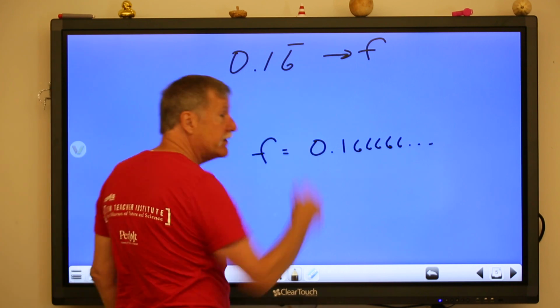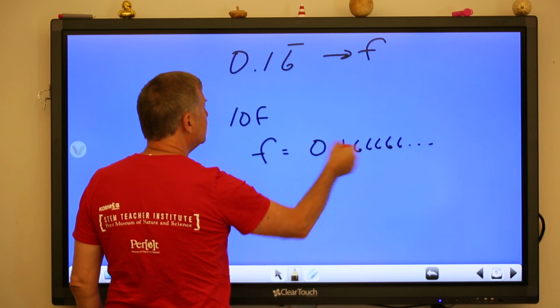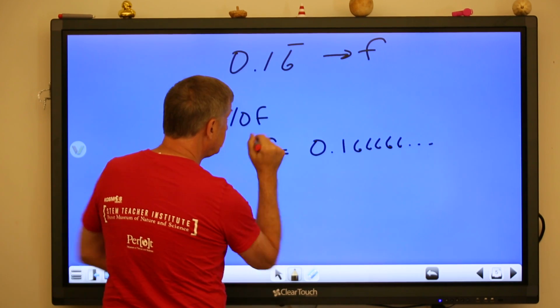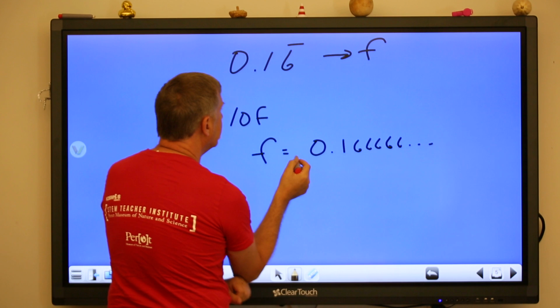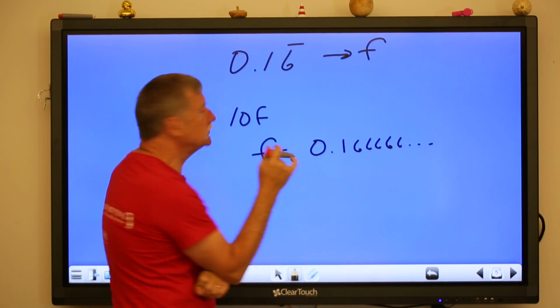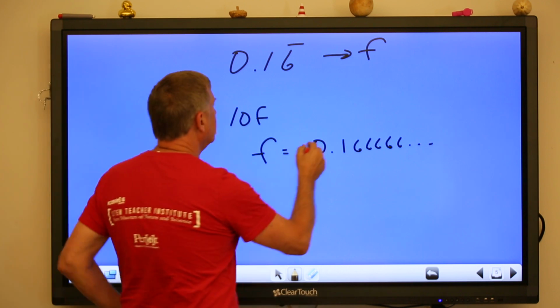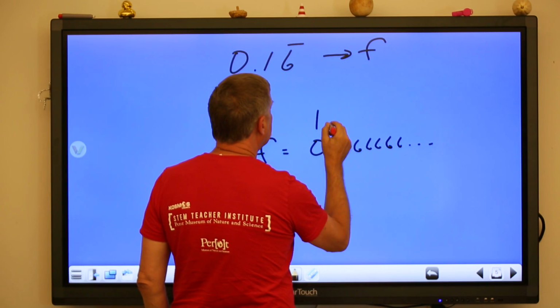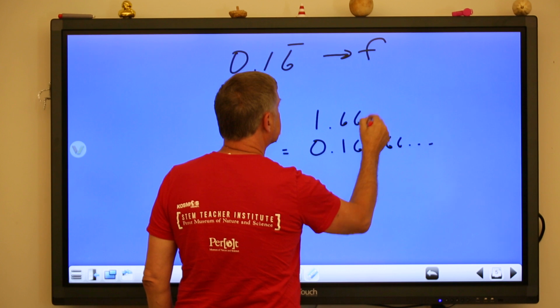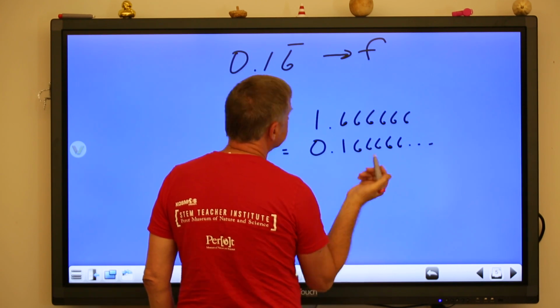Since there is one repeating digit, I'll take a 1 with a 0 here, and that will move everything over so that now I get 1.6666666.